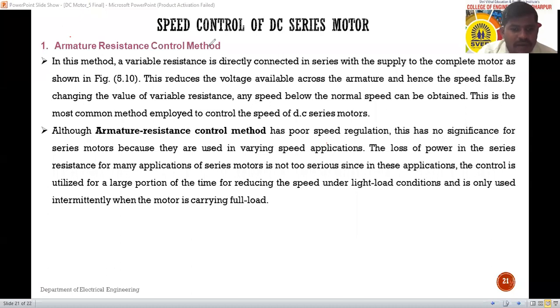That means by controlling the value of armature resistance, we are either decreasing or increasing speed.